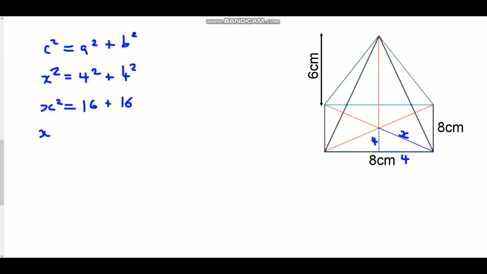Add them up, you get that x squared is equal to 32. And x is equal to the square root of 32, which is 5.66 centimeters.